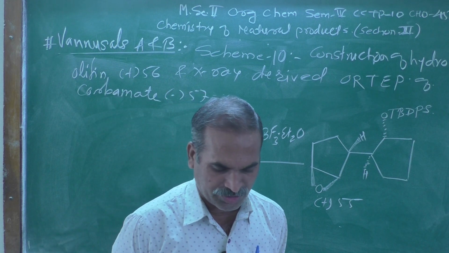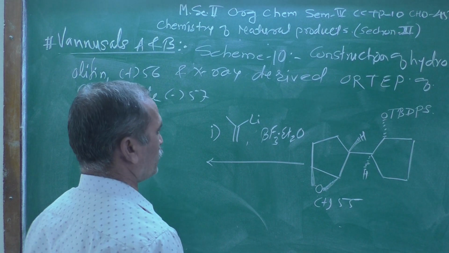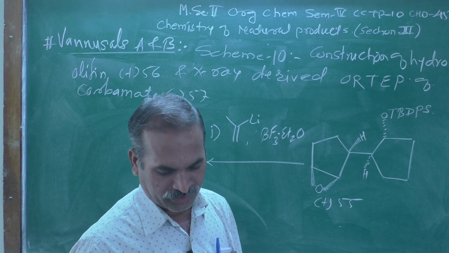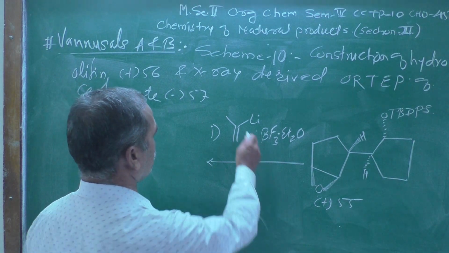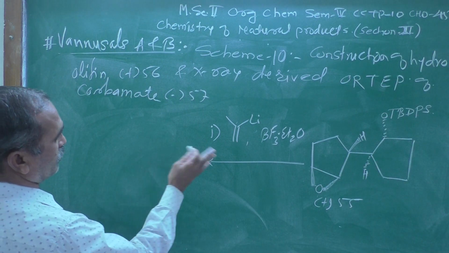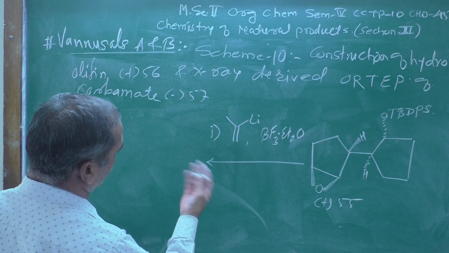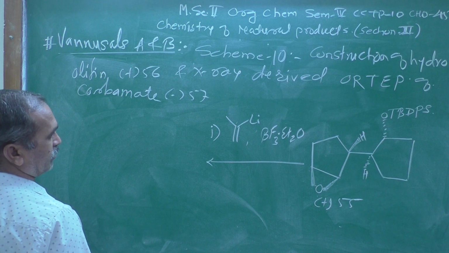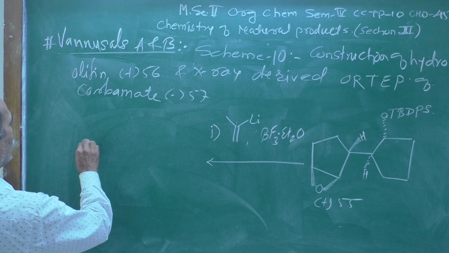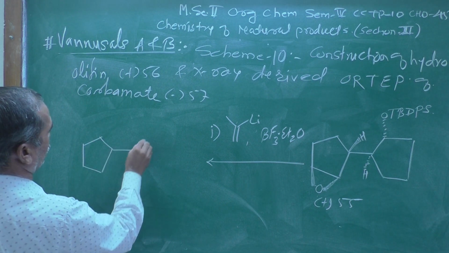And after the addition of this suitably, we will get this epoxide opened, and this minus is going to attack over there, and the epoxide gets opened from the front side, because the nucleophile attacks from the back side preferentially, and we will get the desired product, this one.